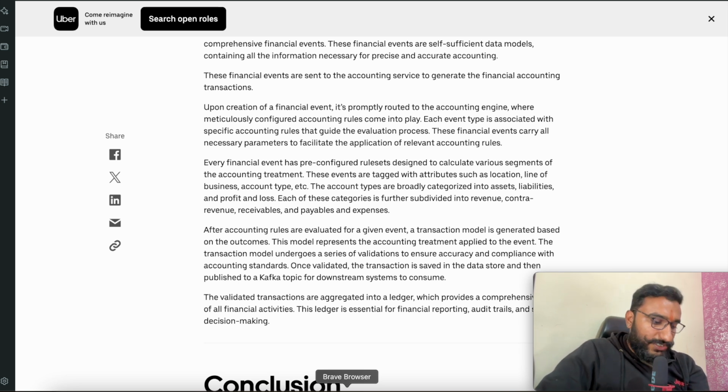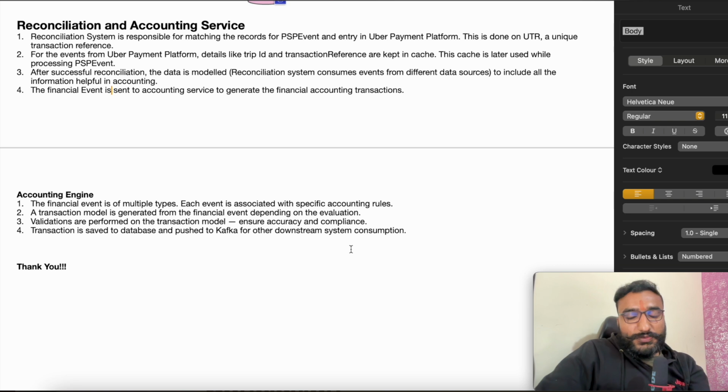Now this accounting system has different rules configured depending on the event. Since there are multiple event types, the accounting system has different rule sets present, and as per these rule sets the accounting engine will run those rules to figure out if there is anything wrong.